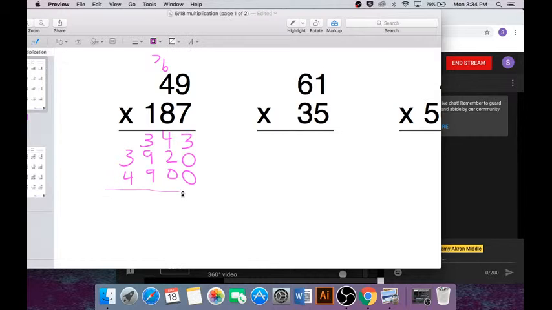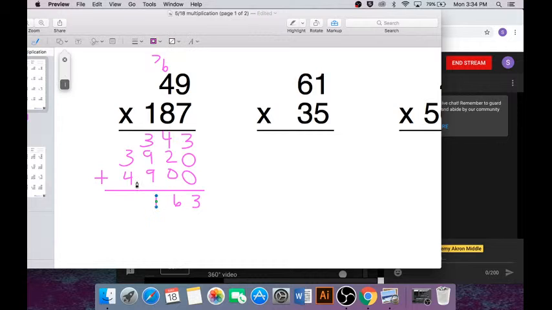These numbers are all called partial products, so we're going to add them together. So 3 plus 0 is 3. 4 plus 2 is 6, plus 0 is 6. 3 plus 9 is 12, plus 9 is 21.